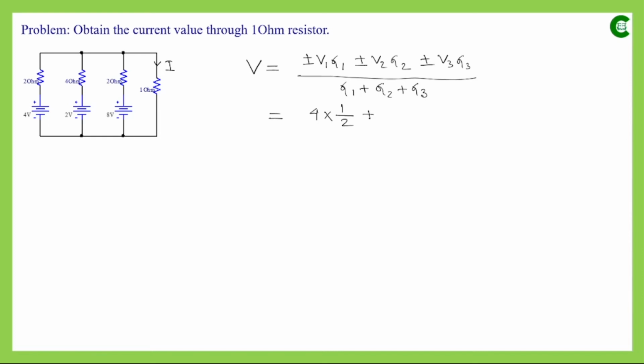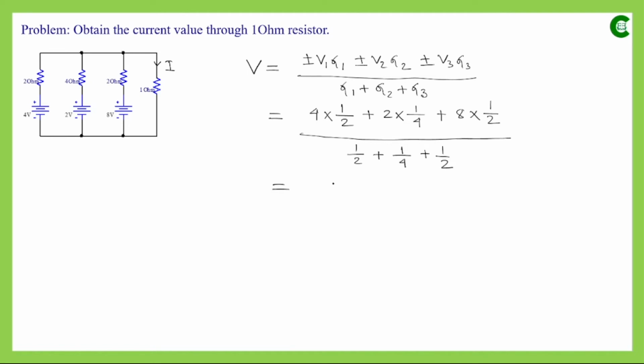So it will be simply the voltage value, which is 2, multiplied by the conductance, which will be 1 by 4, as the resistance is 4 ohm, plus here it is 8 volts, so 8 multiplied by 1 by 2, divided by the conductances, that is 1 by 2 plus 1 by 4 plus 1 by 2.